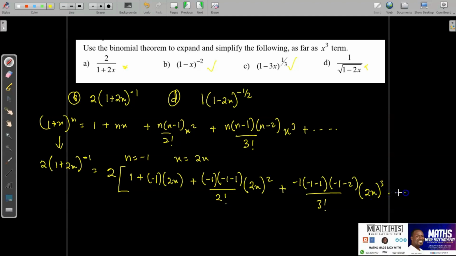We are actually ending there. Then we close a bigger square bracket.